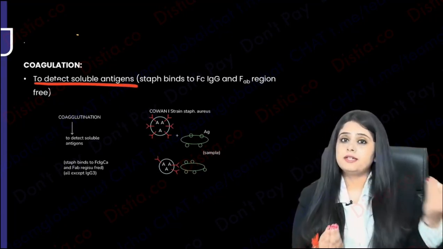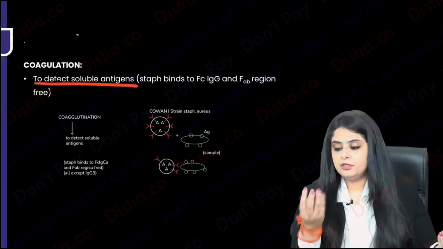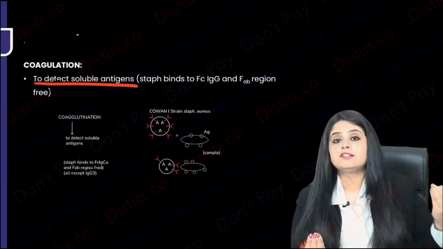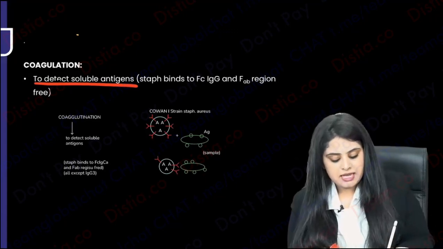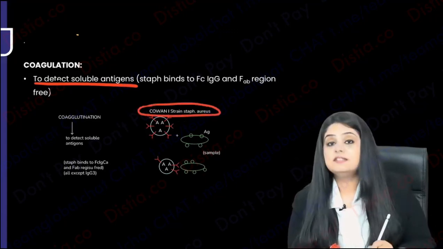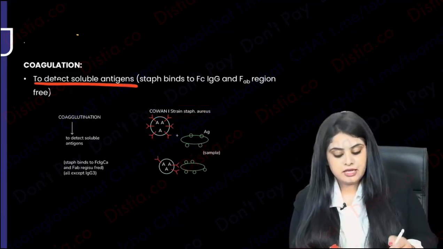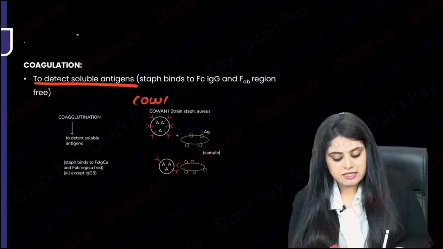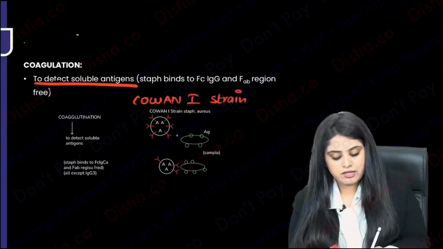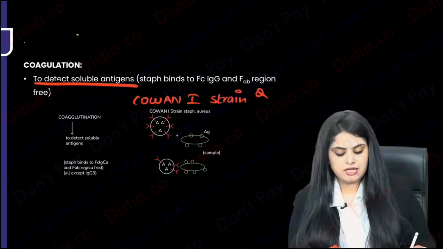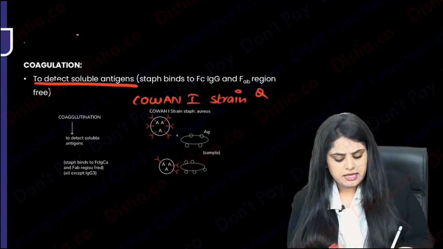Are you trying to detect another antigen? Yes. I am using Staphylococcus to detect something else. So what will I do? I will take the Cowan-1 strain of Staphylococcus. Listen to these two sentences very carefully. You will take what strain? I will take the Cowan-1 strain. That's a question. What strain is used for coagglutination? Cowan-1 strain. And every strain of Staph aureus, it has protein A.